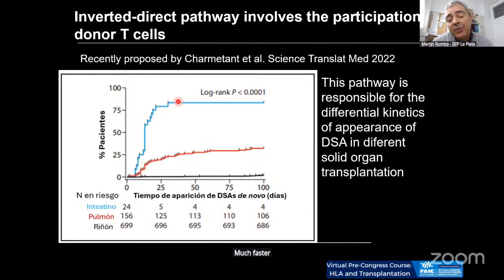So this is another pathway that should be controlled to avoid the appearance of donor-specific antibodies. All these four different pathways can be operating at the same time after solid organ transplantation, and they have to be controlled by the immunosuppressive regime.